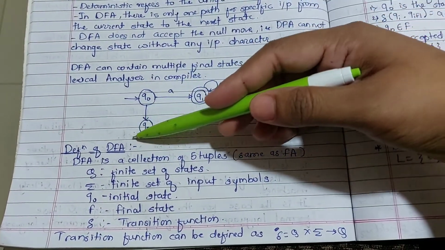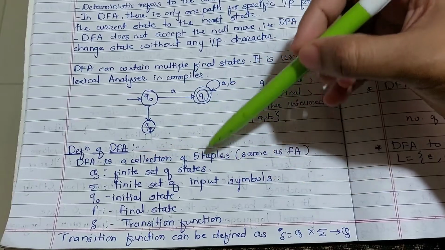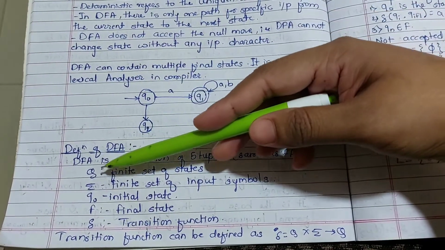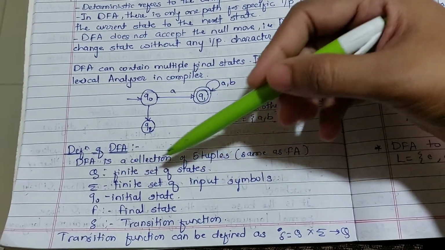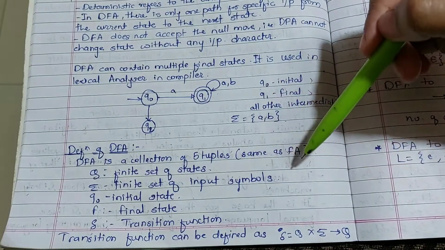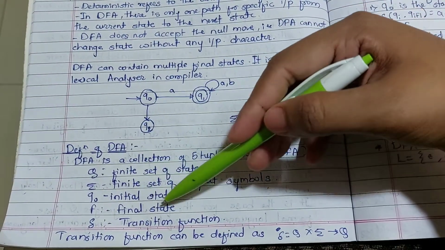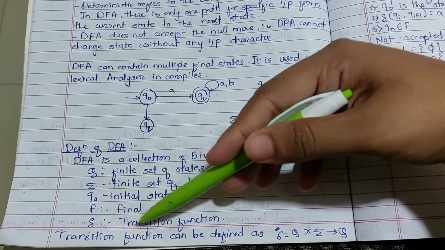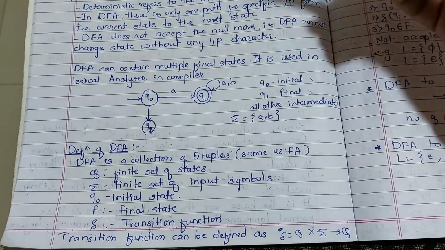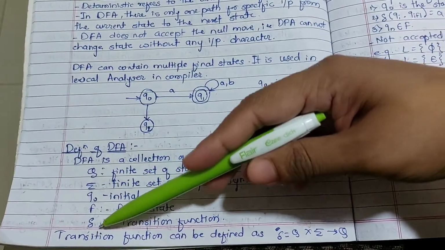Now check the formal definition of DFA. DFA is a collection of 5 tuples, as we previously discussed for finite automata. We have Q, a finite set of states; sigma, a finite set of input symbols; Q0, the initial state; F, the final state; and delta, the transition function. Based on this function, there will be a transition from one state to the other state.